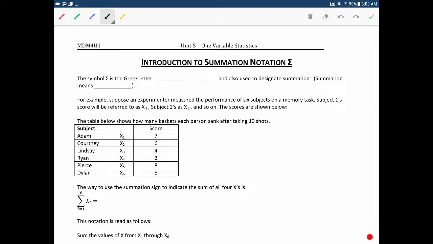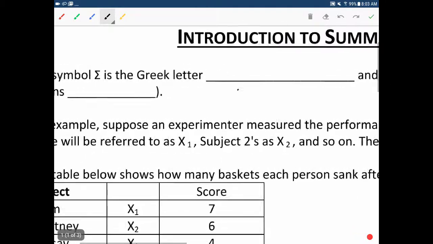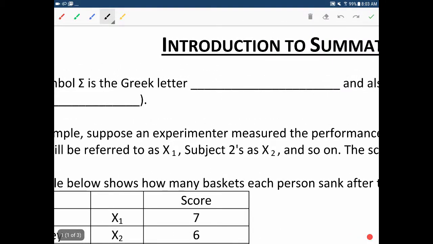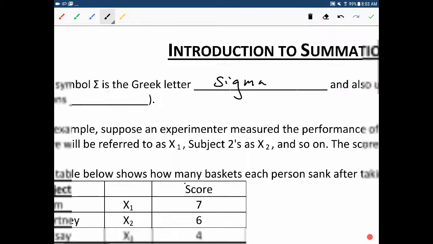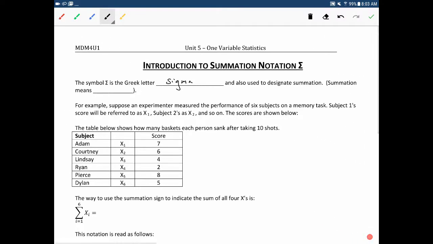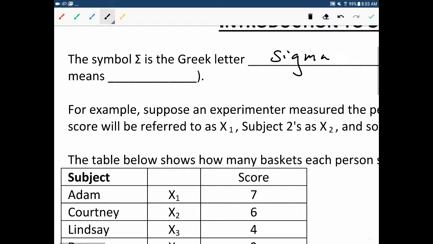Often we see these fancy symbols and think they mean something intimidating, but this one's actually fairly straightforward. The symbol here is the Greek letter, capital sigma, and it's used to designate this summation notation. Summation meaning addition.